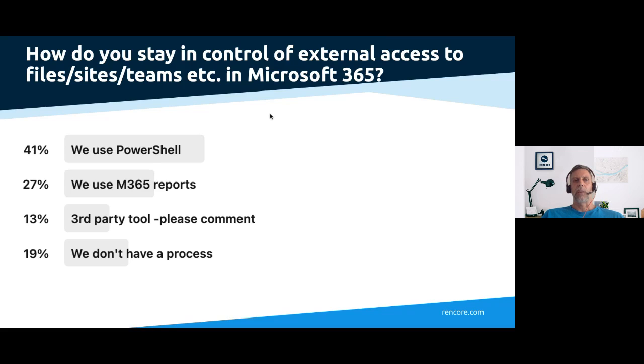So this is the result we get. 41% said that they use PowerShell to write their own data automation or to get their own information. 27% use the out-of-the-box Microsoft 365 reports, 13% use third-party tools, and 19% still said we don't have a process.